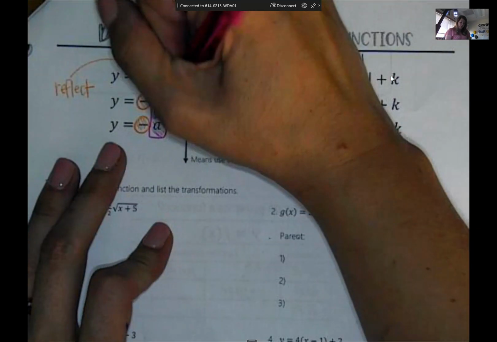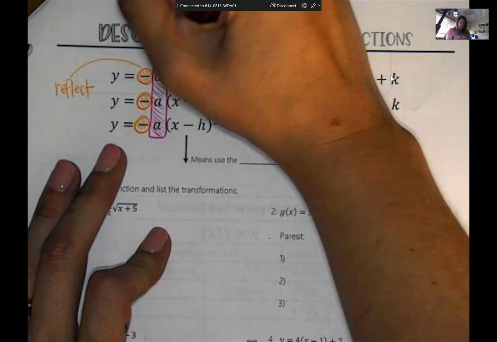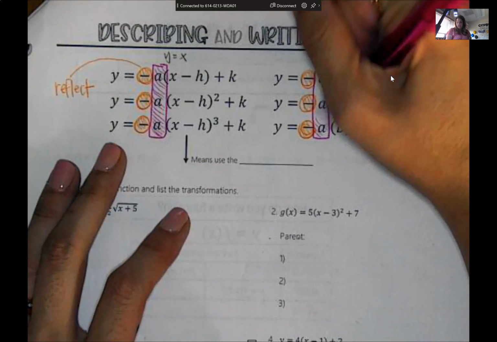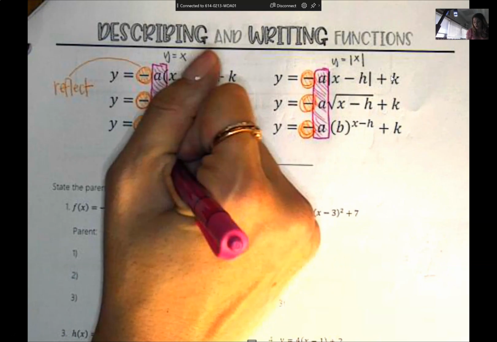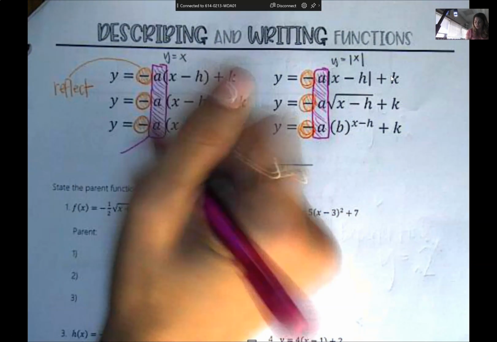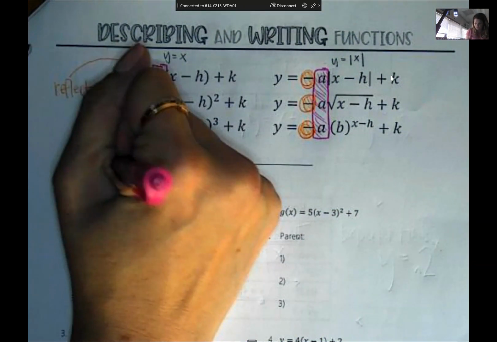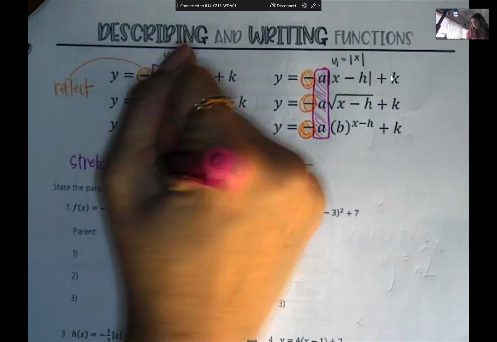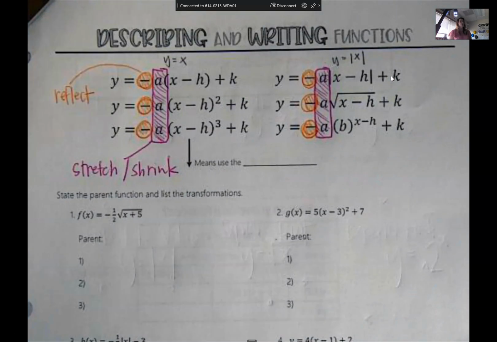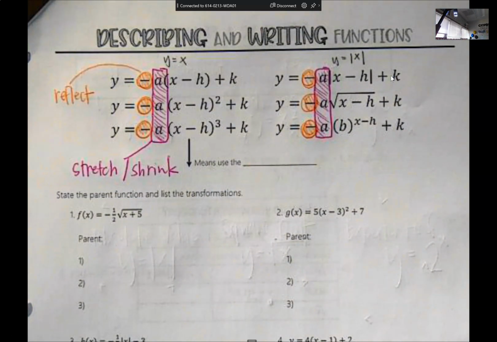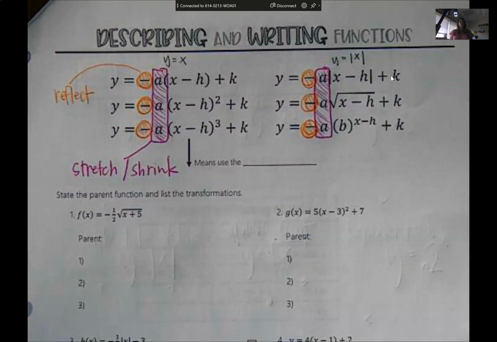If you put a number on the front, this is going to change the size of your graph, and what we usually call it is a stretch or a shrink. So if you put a number on, and it doesn't have to have a negative, we could just have 8x squared and nothing else. It's either going to stretch or shrink the graph.